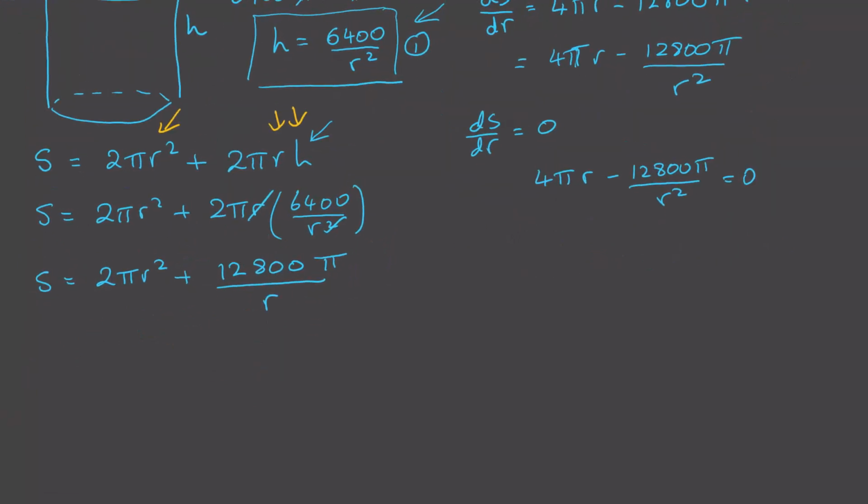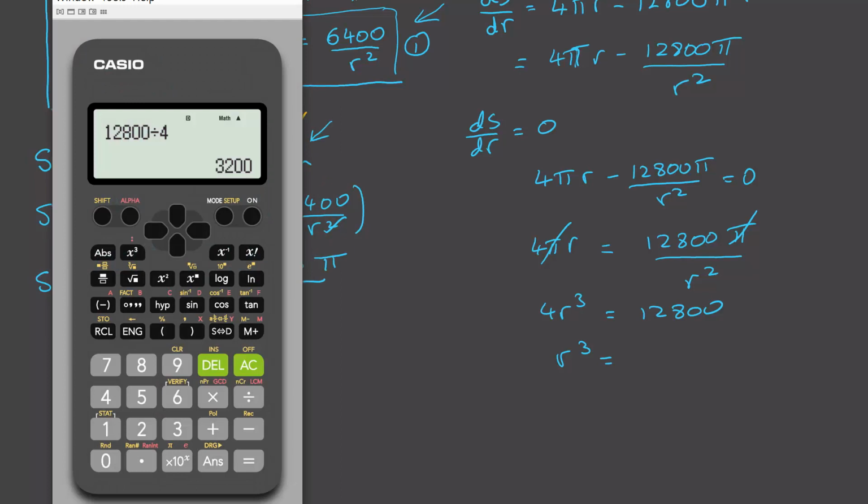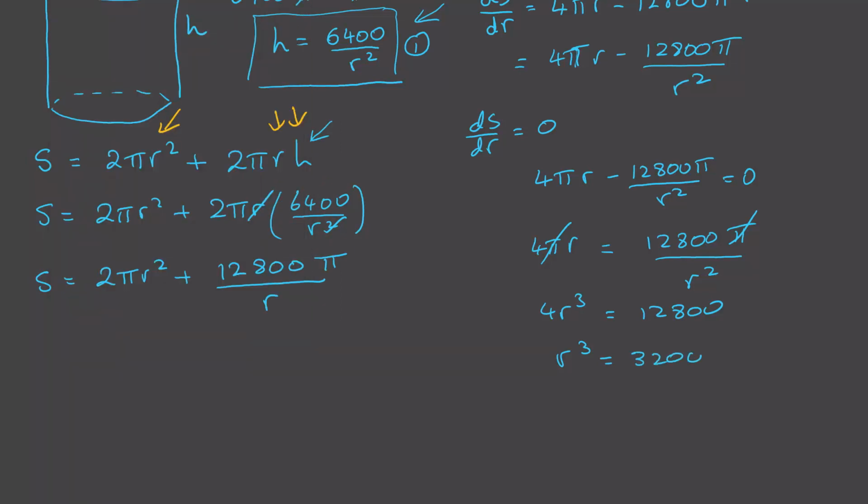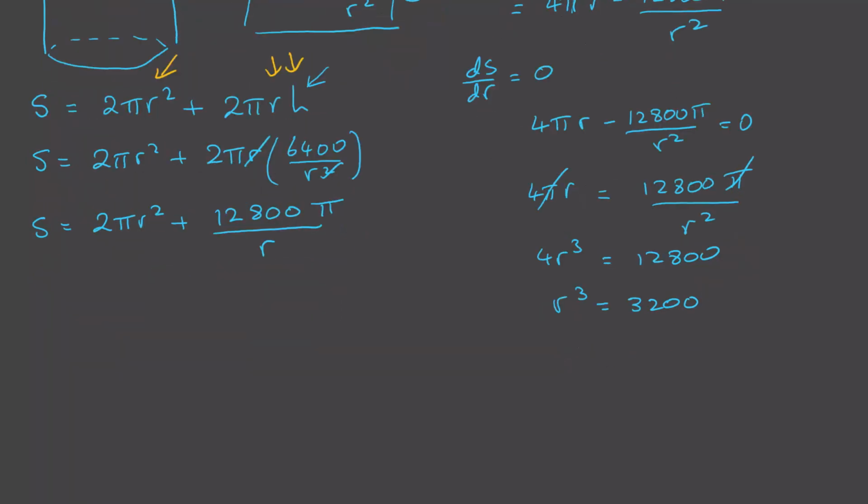which gives me that 4 pi r is equal to 12,800 pi over r squared. Pi's cancel. 4r cubed is equal to 12,800, which gives me that r cubed is equal to, sorry, I just did it on the calculator, 3,200, which I don't recognize as a perfect cube.